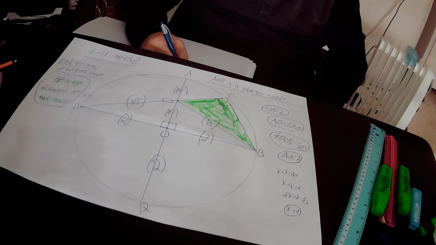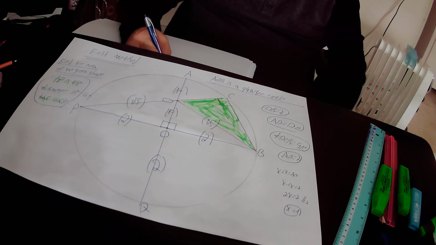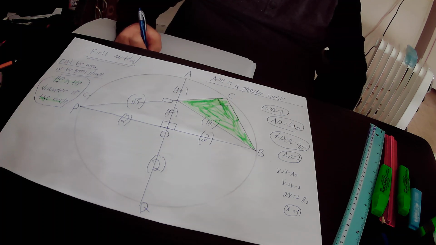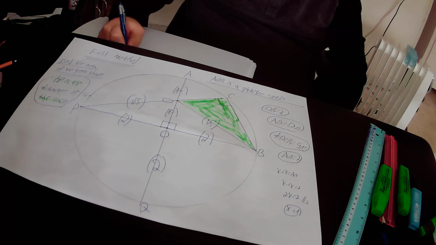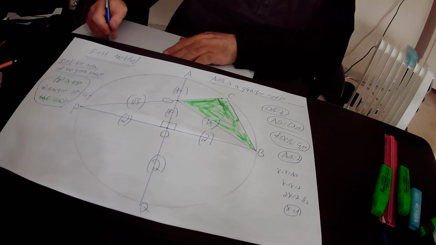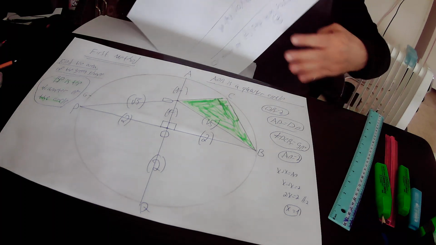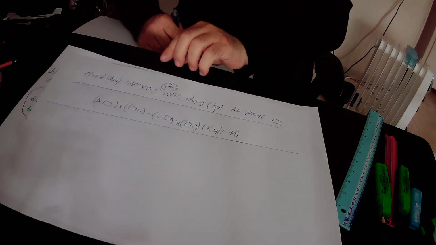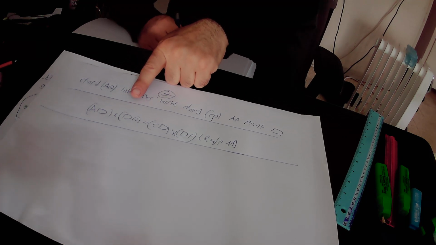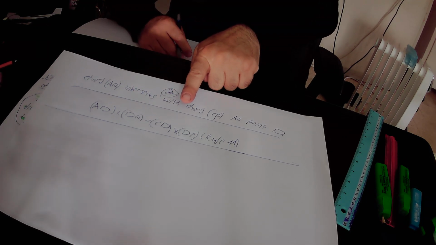So I write it down: AD times DQ equals CD times DP. Again, according to rule 11, AD times DQ equals CD times DP.